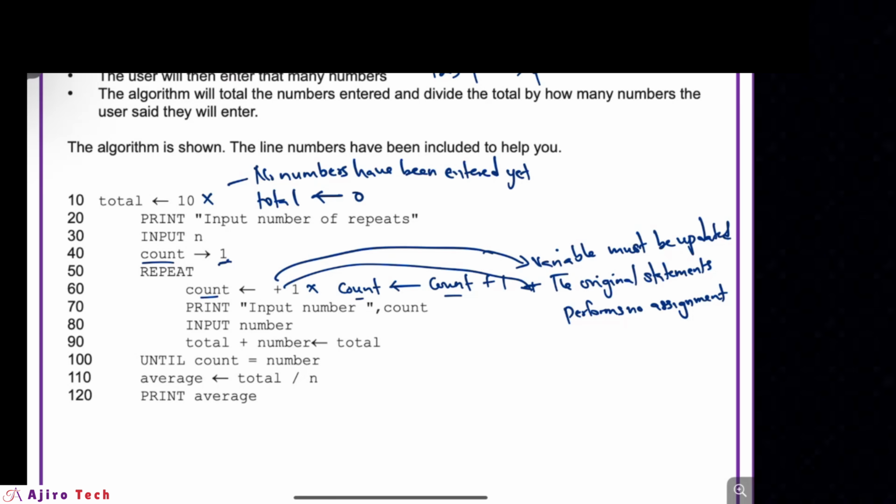No, this is wrong. Oh, so this is totally wrong. You can't have it like this. First, because you should be having total first, and then total plus number. So this is wrong first.